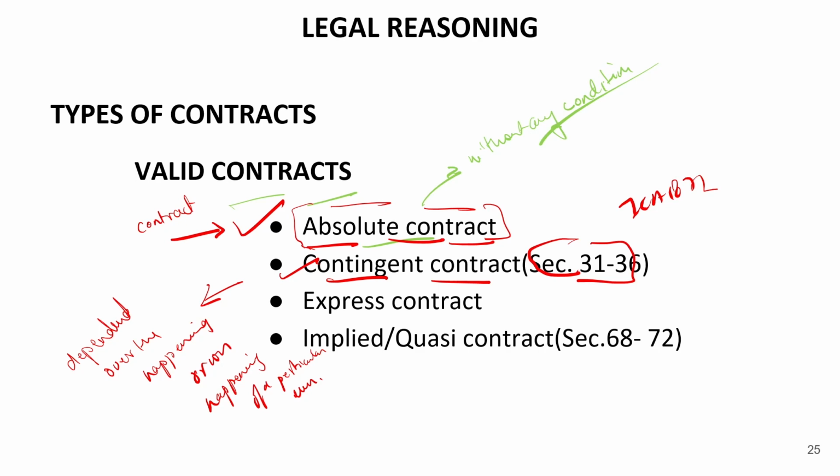Now I give you an example again: A makes a contract with B to buy B's horse. If A survives, okay, please understand, if A survives, then C. This contract cannot be enforced by law unless and until C dies in A's lifetime.